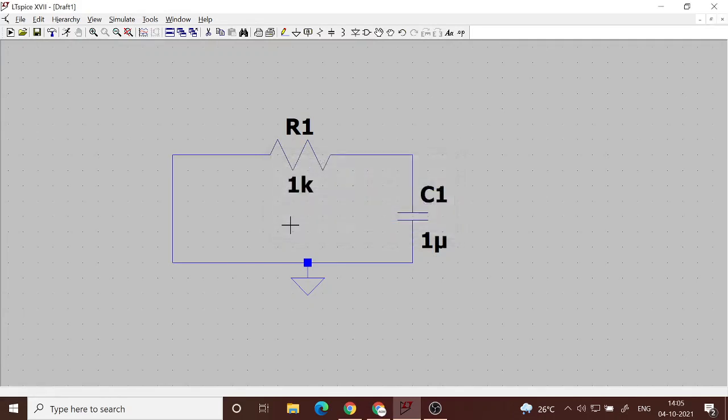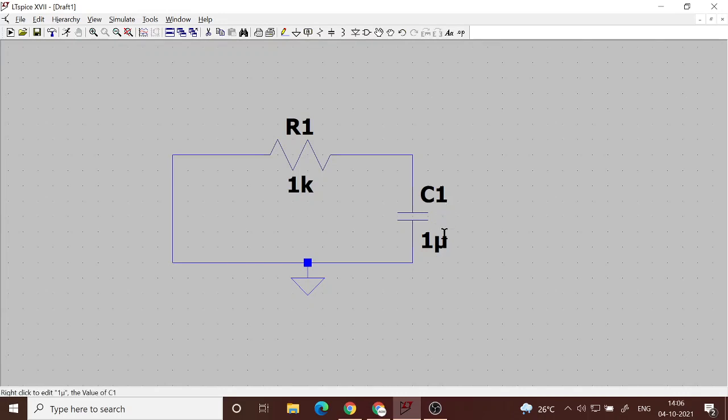These are typical values. 1 kilo resistance and 1 micro capacitor is very commonly available in the lab. So we will use those values, whereas 1 ohm is not practical. We don't use any capacitance like 1 farad or 1 millifarad in the lab.